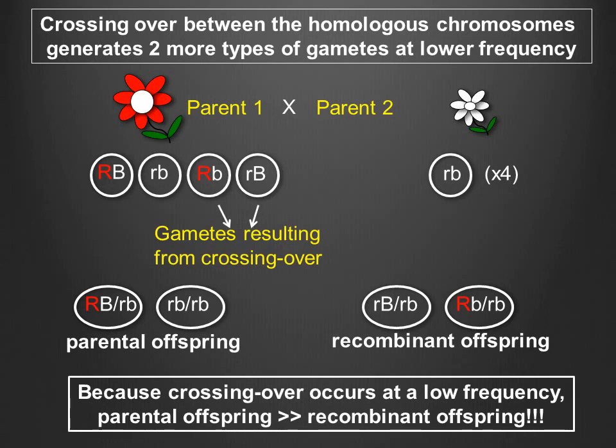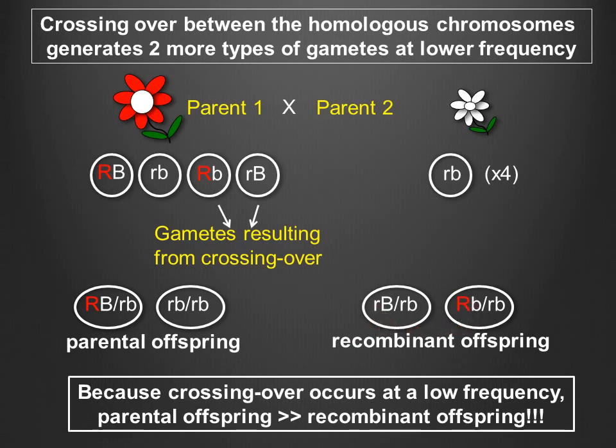Here, since all offspring inherit a chromosome carrying two recessive alleles from the homozygous recessive parent, the chromosome inherited from the heterozygote parent determines whether the offspring are parental types or recombinant types. Parental offspring inherit a non-crossover chromosome from the heterozygote parent, while the recombinant offspring inherit a crossover chromosome from the heterozygote parent.